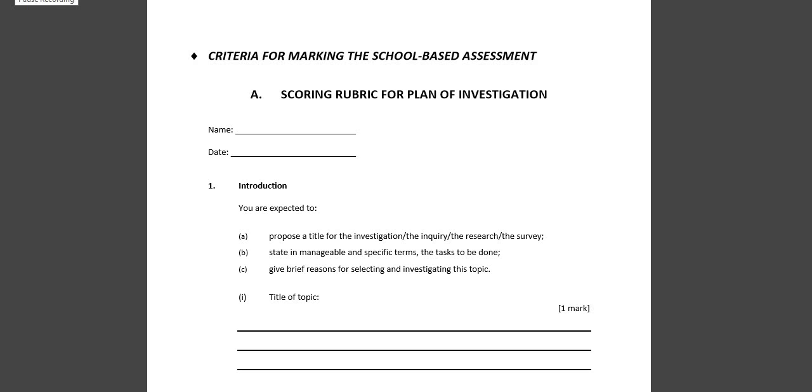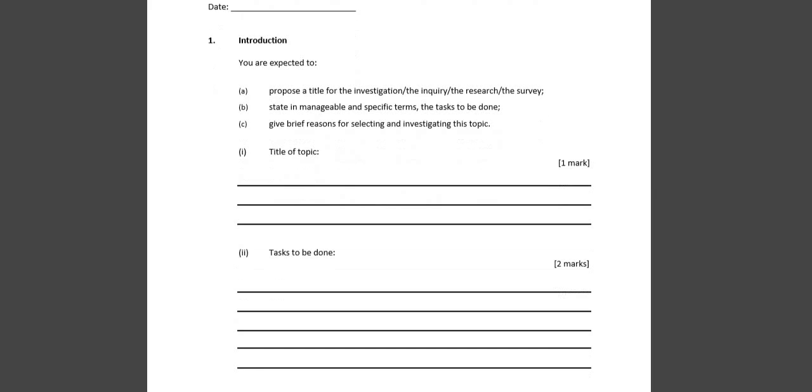Now here we are looking at the rubric for the plan of investigation, and for the introduction you have 1 mark for the title of the topic: propose a title for the investigation. So if you have proposed a title, you get 1 mark. Seems simple.